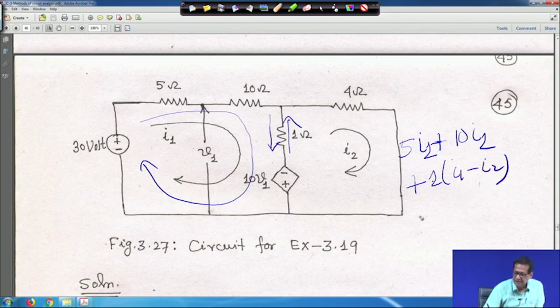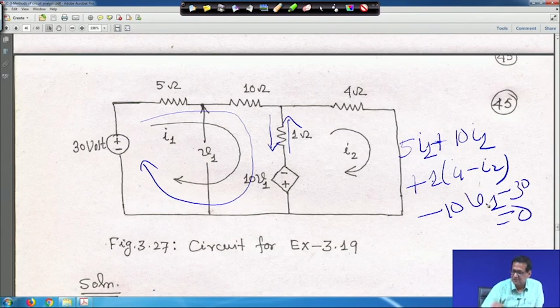Then minus 10 V1, then here minus 30 is equal to 0. This will be your equation if you apply KVL in this mesh.